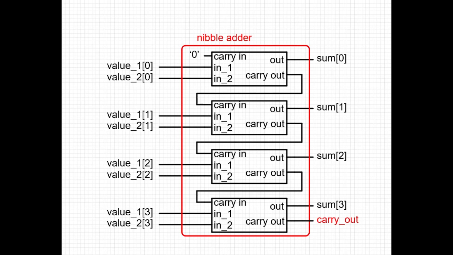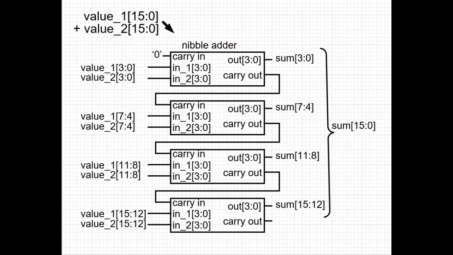We can group all 4 bit adders together as another symbol that we can call a nibble adder. A nibble refers to 4 bits, just as a byte refers to 8 bits. And we can now concatenate nibble adders together to add larger vector signals, tying each carry out to the next carry in, like we did within the nibble adder.